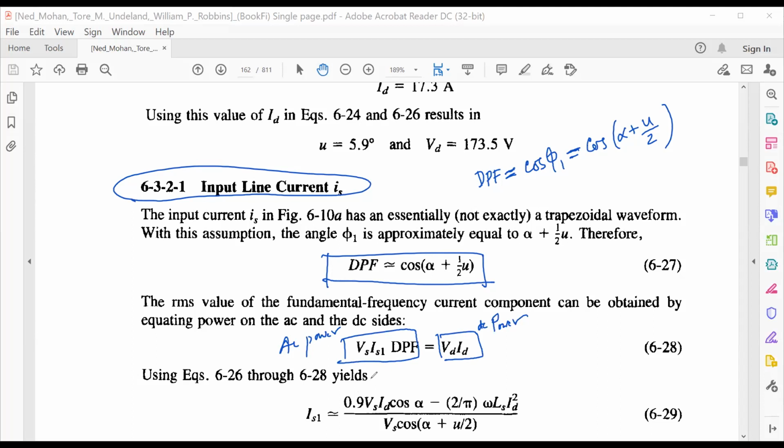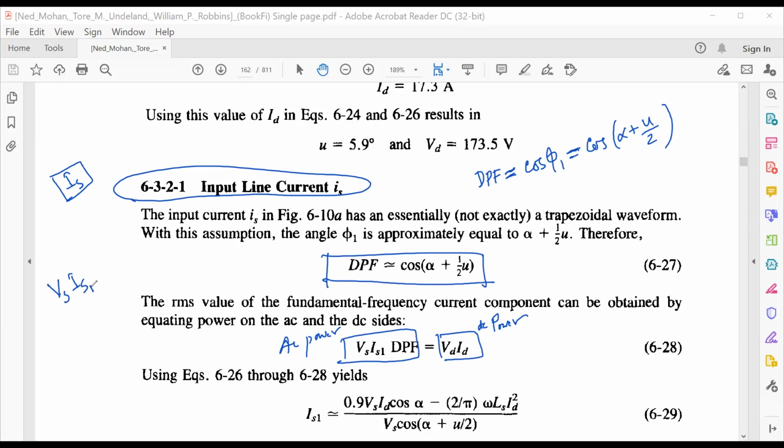AC power, by definition, involves the RMS value of your input voltage. We cannot take IS because this is not sinusoidal. Rather, we have to take IS1, the fundamental component.